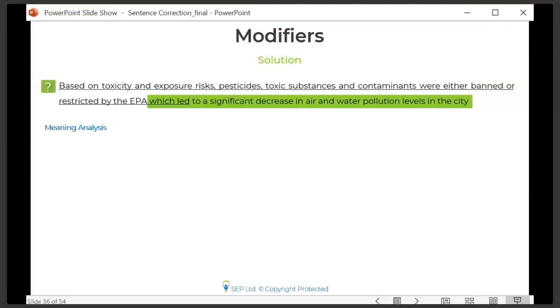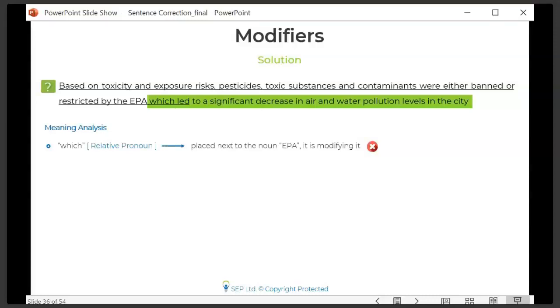So "which," again, here we have a relative pronoun clause, and a relative pronoun clause always modifies the nearest noun. So what it means here is, okay, what it means here is the EPA led to a significant decrease in air. Now, that is incorrect, okay?